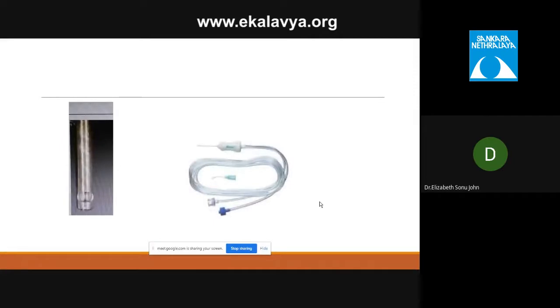This is the vitrectomy probe that we use, and the cutter is a guillotine cutter. If you use a 23 gauge or 20 gauge cutter, you need to extend the side port a little for the probe to go in.